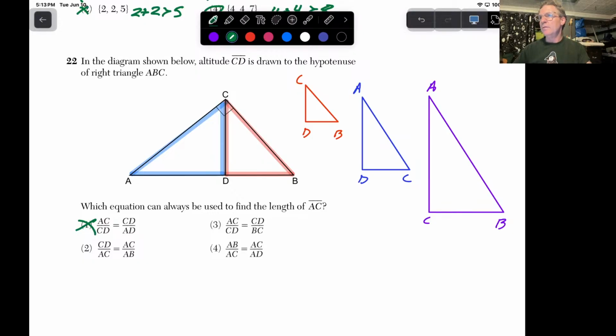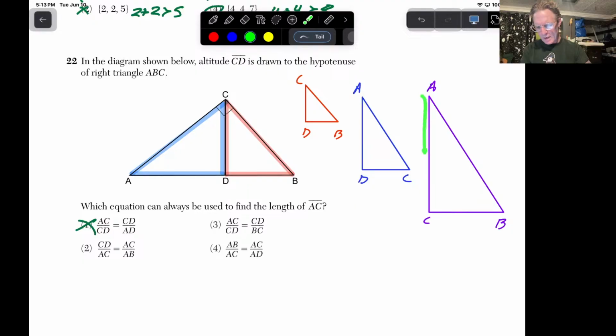CD over AC. Or maybe think about it this way, CD over AC and AC over AB. That doesn't make any sense either. AC and AB?